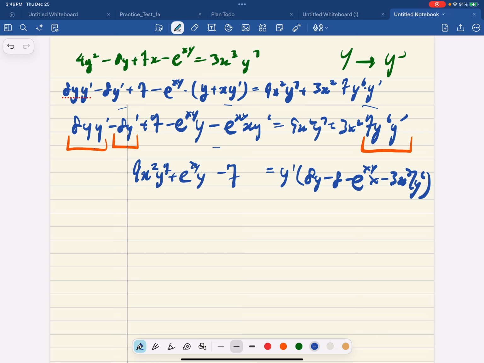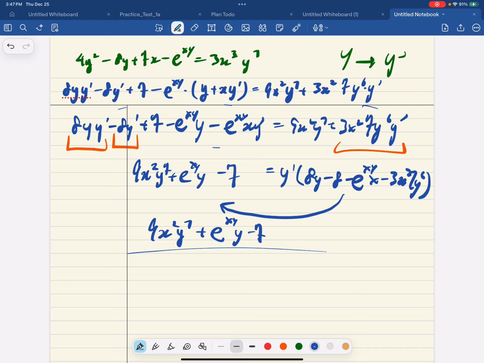That's not a 6, that's a y prime. So e to the xy times x, and then this one. Everything that had a y prime is on one side, and everything else that doesn't have a y prime is on the other side, and all you have to do is just divide it. All of that, just divide it by whatever is on the other side, is equal to y prime.